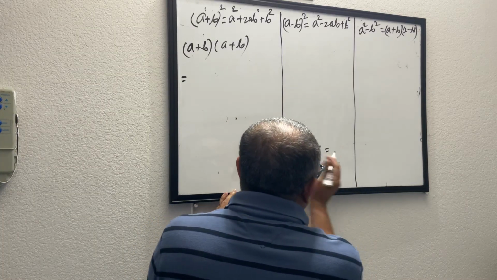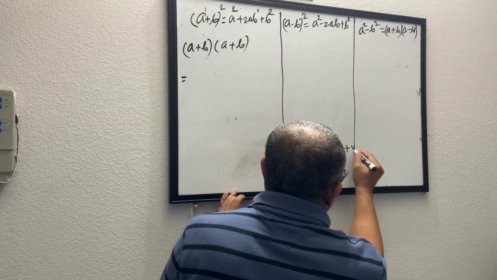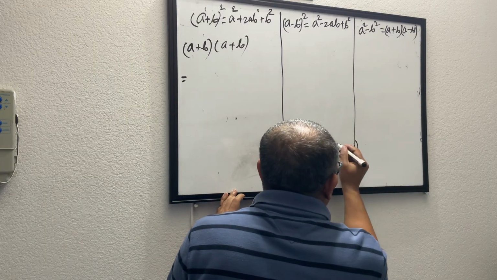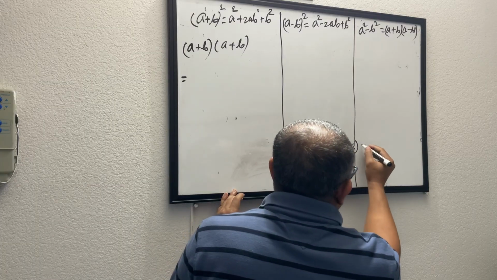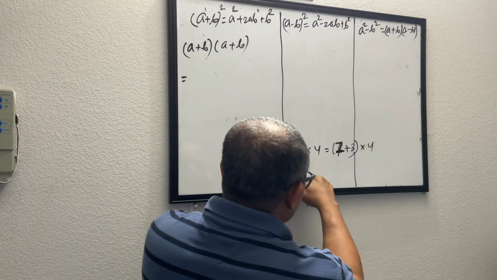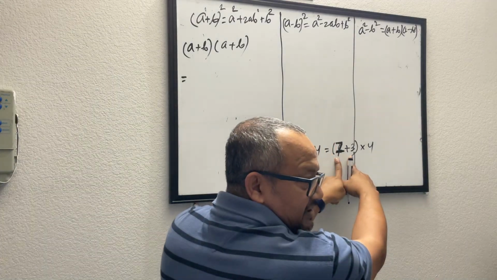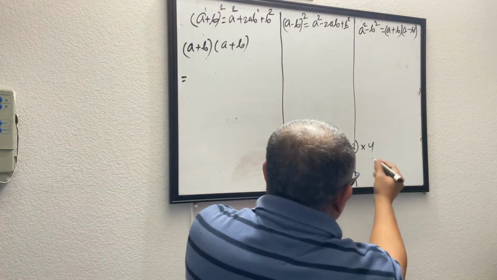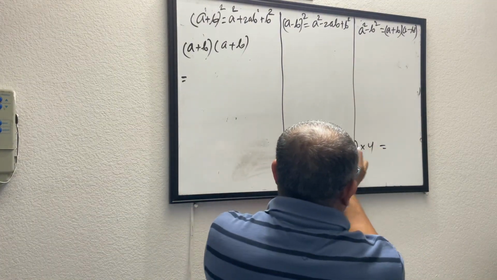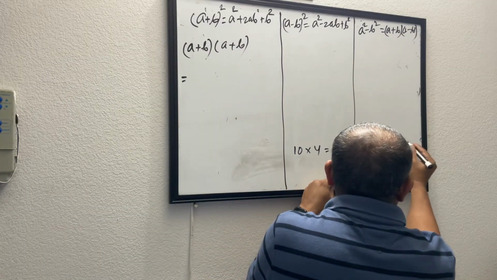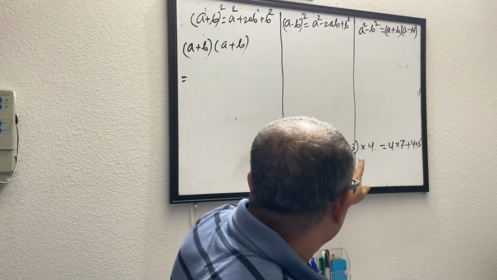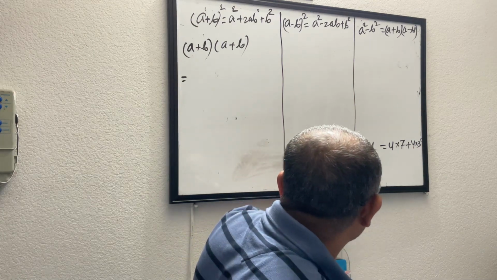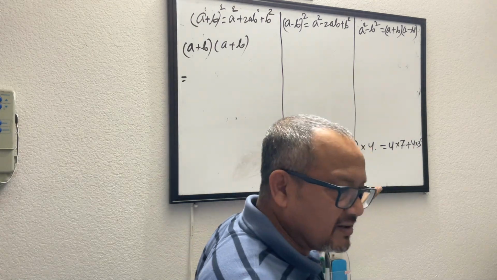I can write 10 as 7 plus 3, so 10 is replaced with 7 plus 3 in the bracket. Now I can break this bracket open and it becomes 4 times 7 plus 4 times 3. So everything that I have outside multiplies with each of the things inside the bracket.